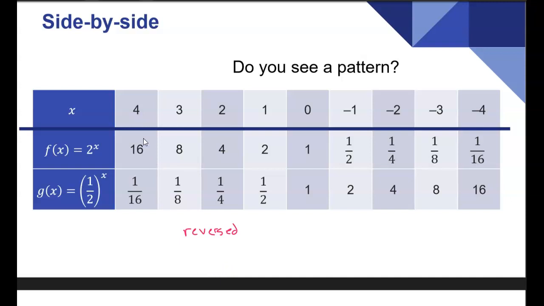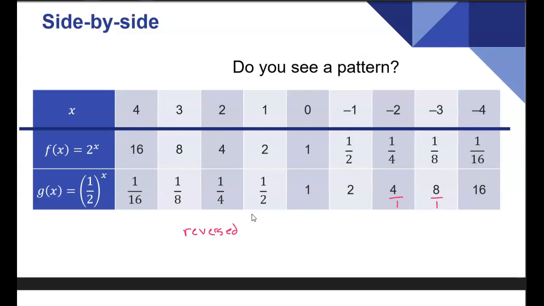Another thing you might notice is if you look down this way, the values are flipped upside down. So this is 16, this is 1/16. This is 8, this is 1/8. 4, 1/4. And it works over here as well. 1/2, if you flip this upside down, that'll be 2. 1/4, flip it upside down, that's 4/1, right? That just is 4. 1/8 is flipped upside down, 8/1.